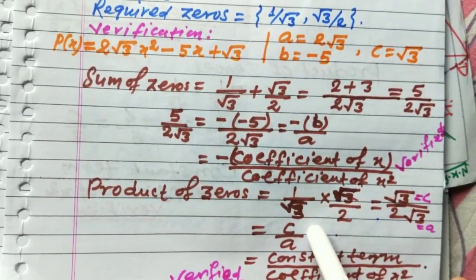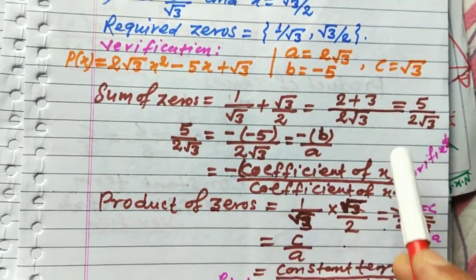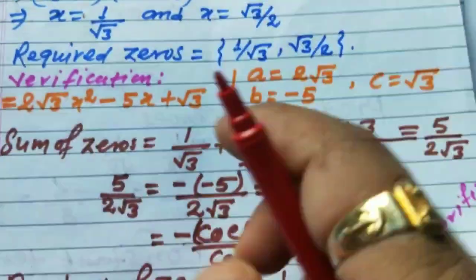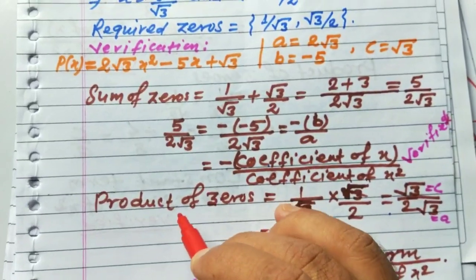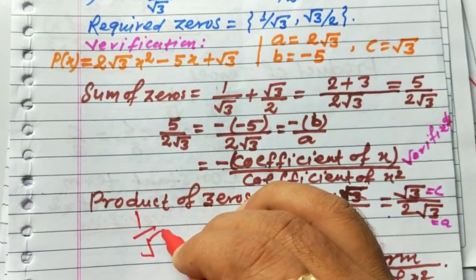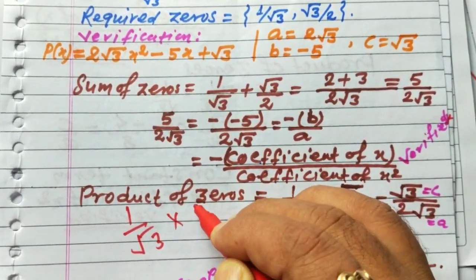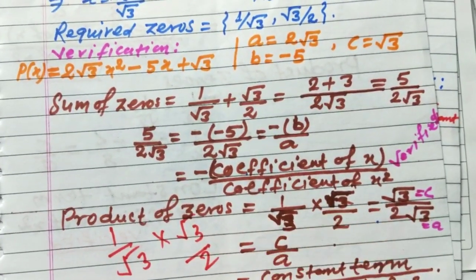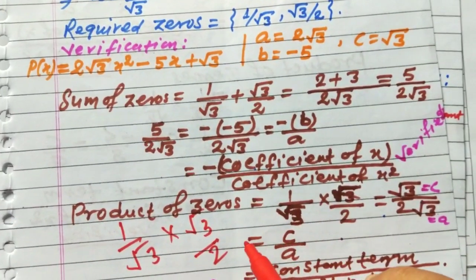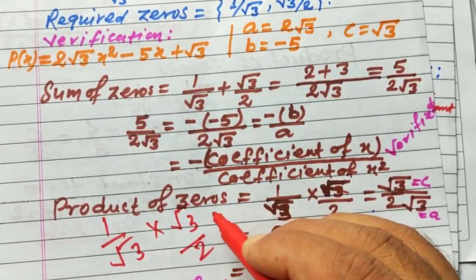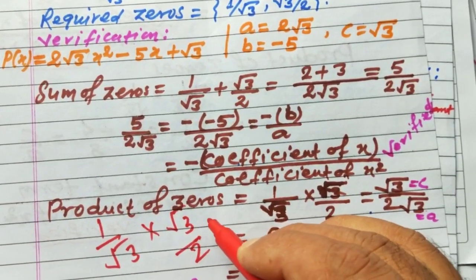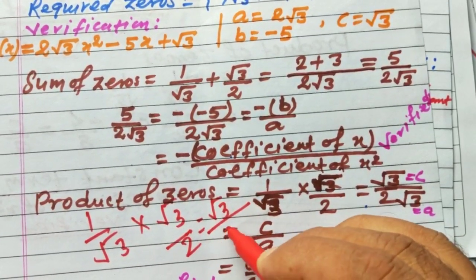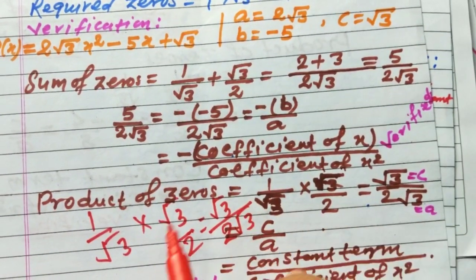तो 1 by √3 multiplied by √3 by 2. So 1 by √3 multiplied by √3 by 2 will be equal to √3 by 2√3.